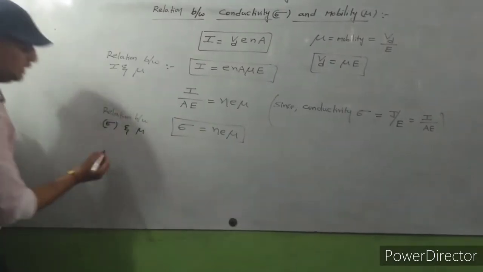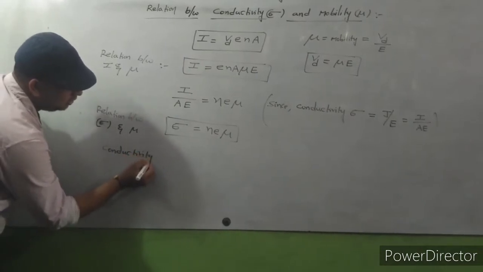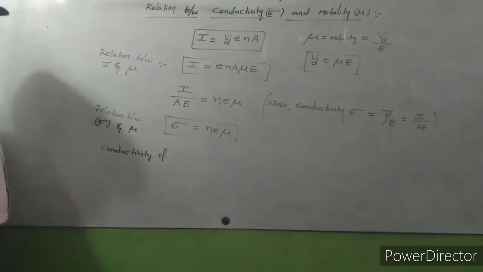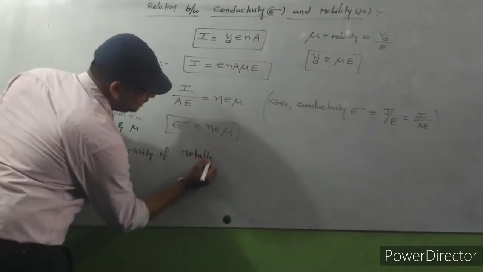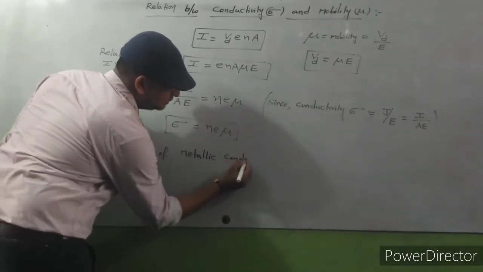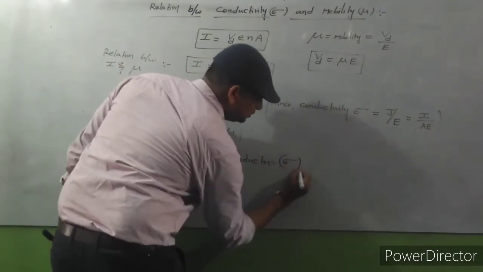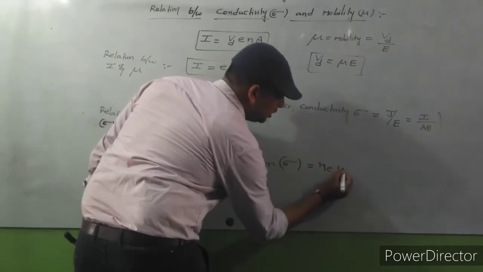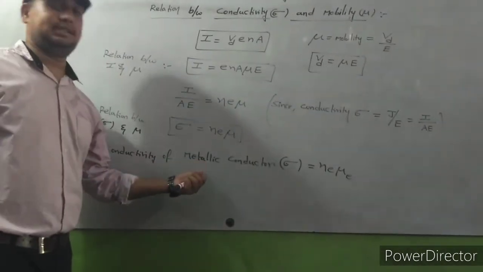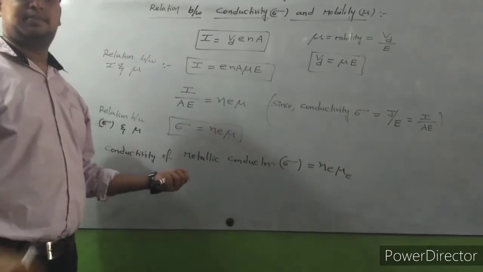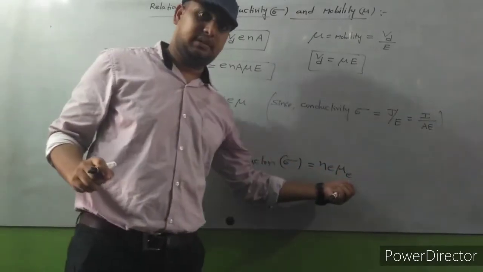So now conductivity of metallic conductor: sigma is equal to NE mu E, because for conductor conductivity is due to electrons only.